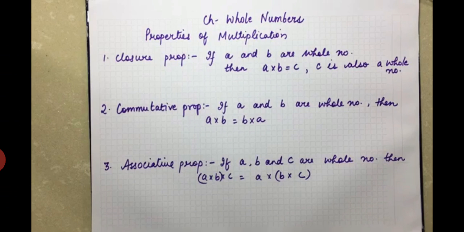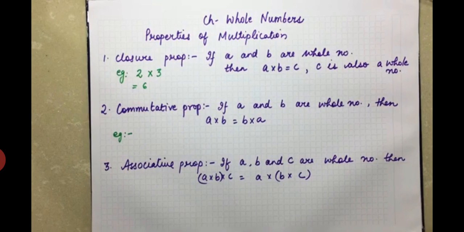So the first property of multiplication says if A and B are whole numbers, then A cross B equals C, or any other. This is also a whole number. That means if we multiply two whole numbers, the resulting number will also be a whole number.